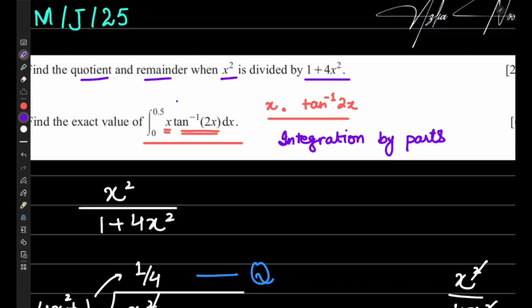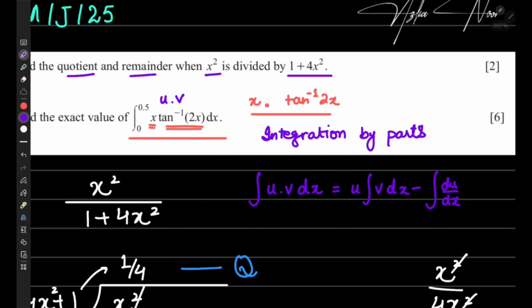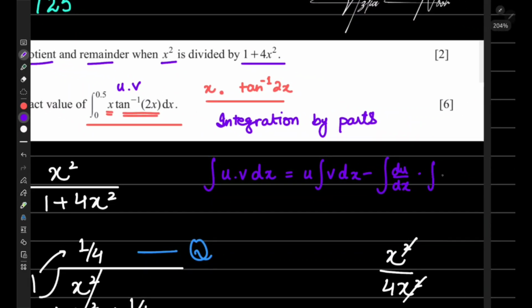So when you have u dot v, how can you integrate that? The integral of u dot v dx is u as it is, the first expression as it is, times integral of v dx, minus integral of the derivative of the first and integral of the second, times integral of v dx.